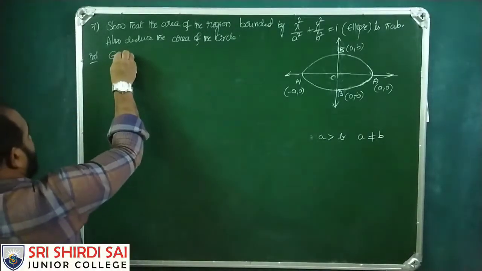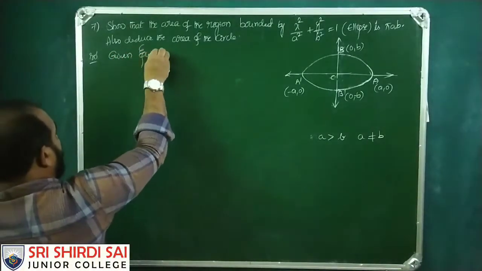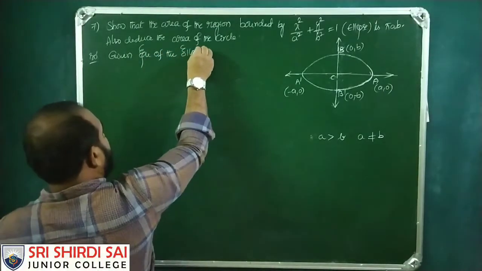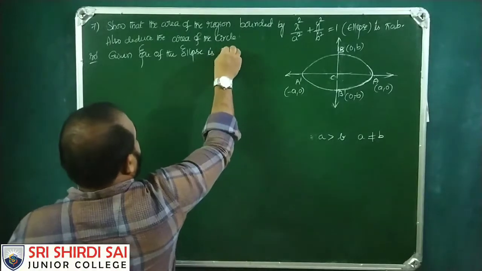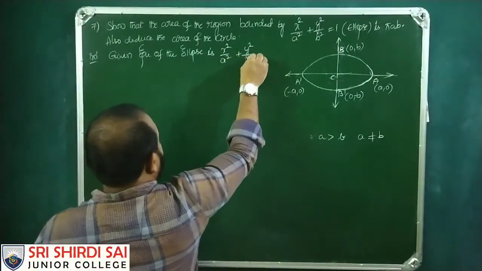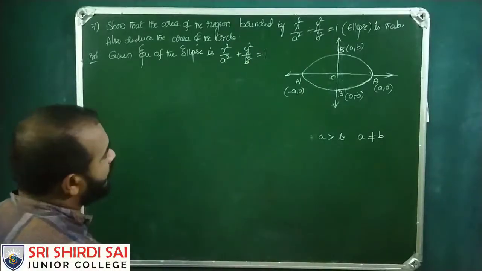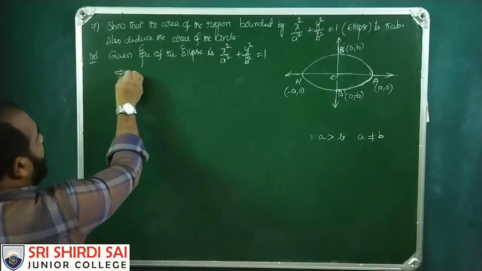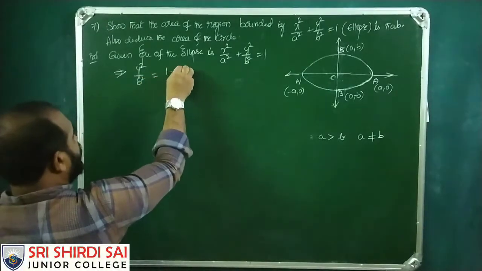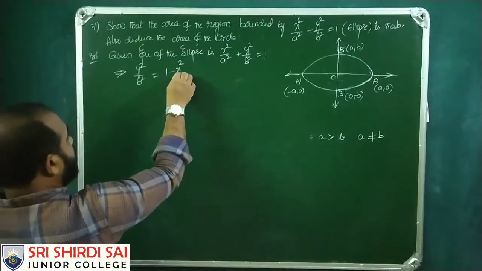Now the given equation of the ellipse is x square by a square plus y square by b square equals 1, from which y square by b square is equal to 1 minus x square by a square.